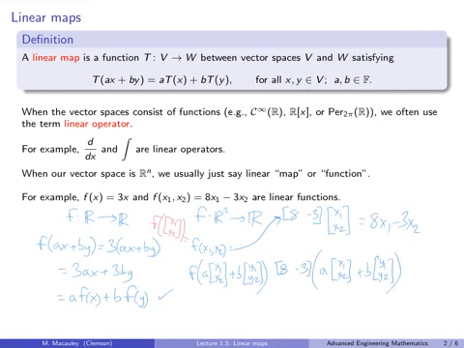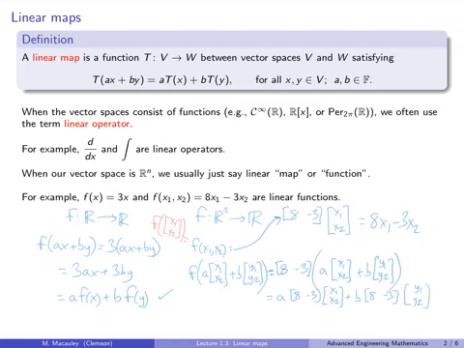And now matrix multiplication is just like regular multiplication. It's associative. You can pull out scalars. So I can write this as a times (8, -3) times (x1, x2) plus b times (8, -3) times (y1, y2).